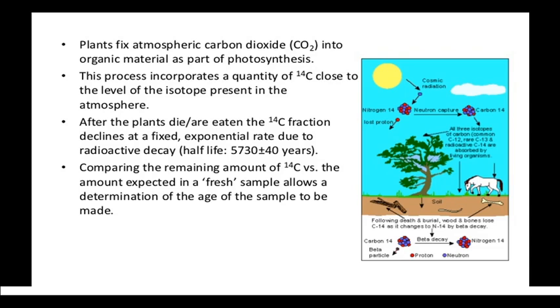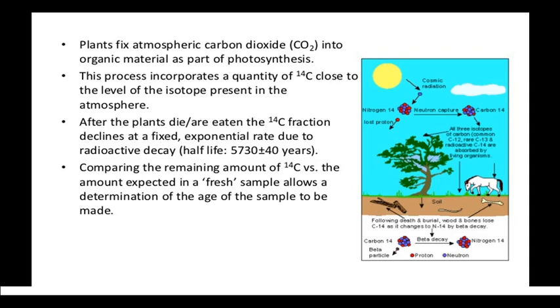So this again explains the process in which the plants fix atmospheric carbon dioxide into organic material as a part of photosynthesis, and after the plants die or are eaten, the ratio gets decreased.